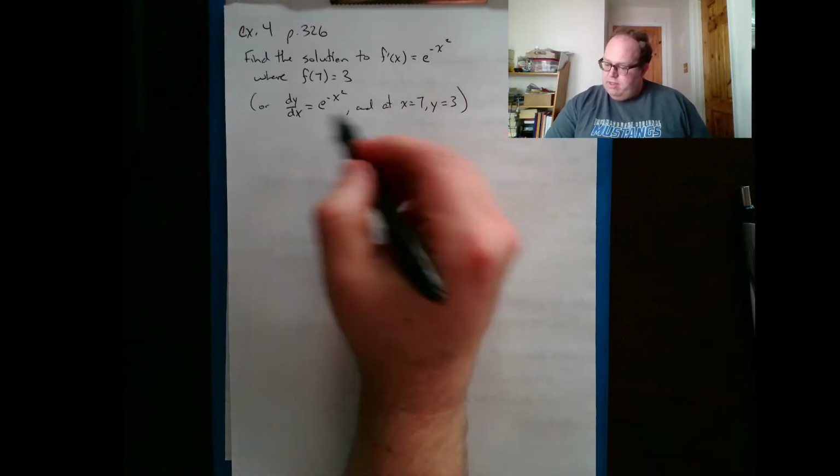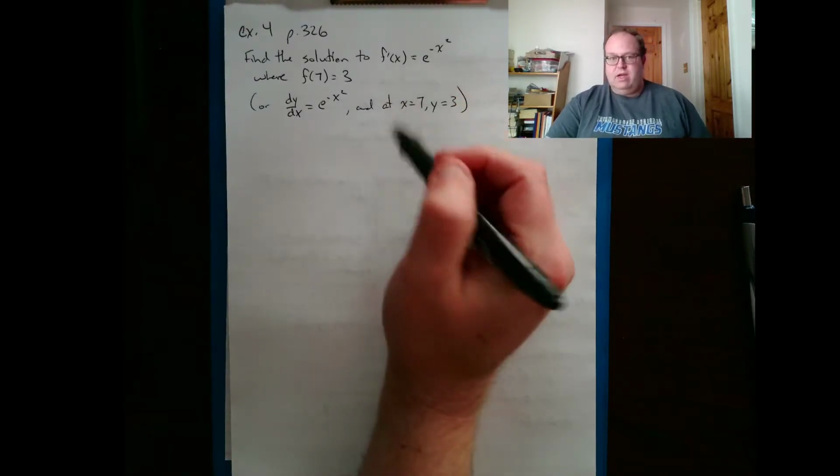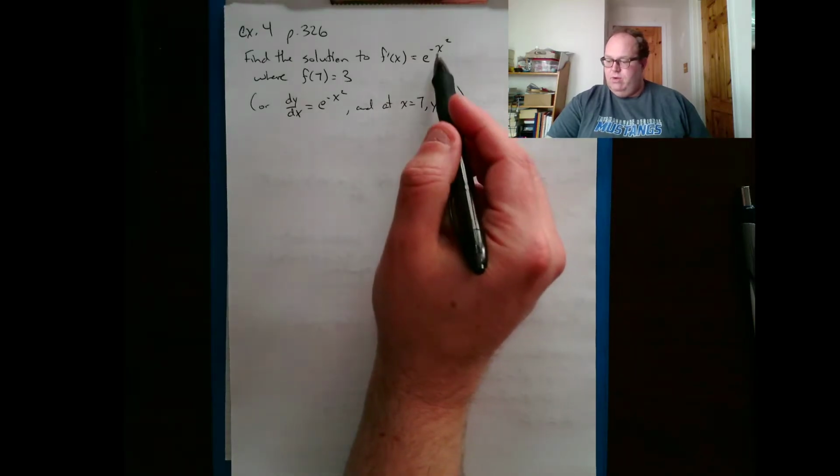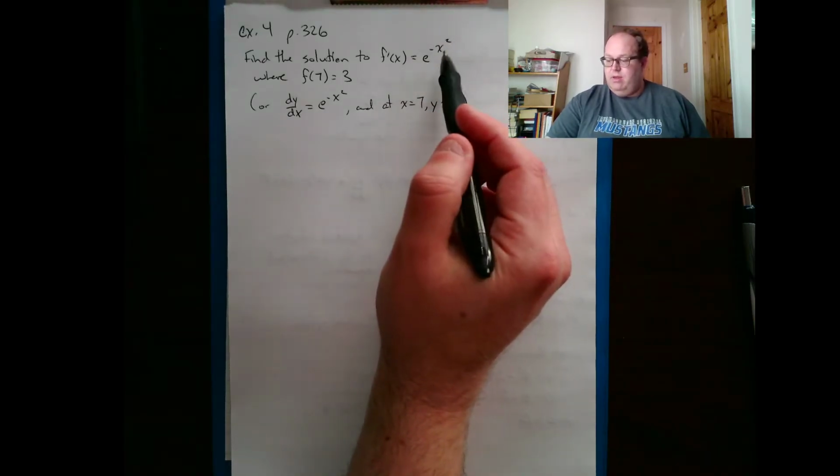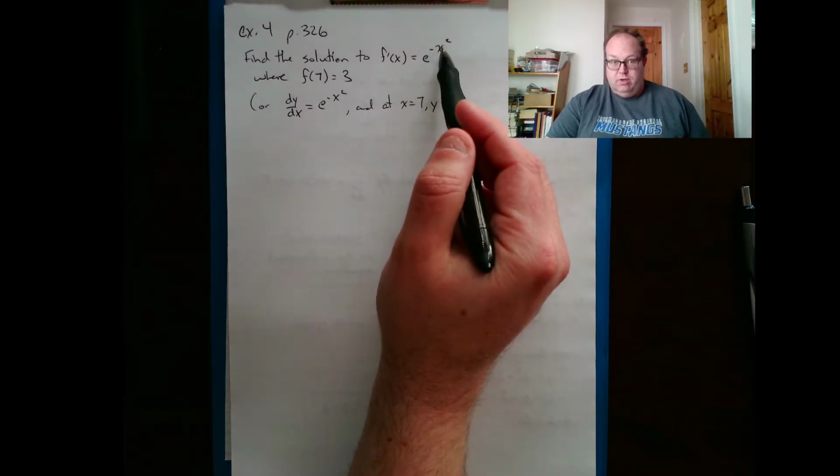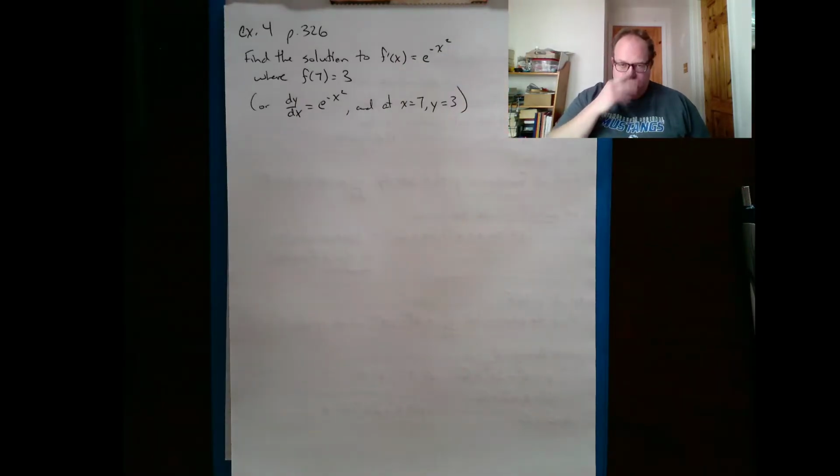Now, my problem here is that this is harder to anti-differentiate. We don't really know exactly how to deal with an exponent inside the exponent here yet. But what we can do is leave things a little bit more general. Another way we have to talk about an antiderivative is the integral.